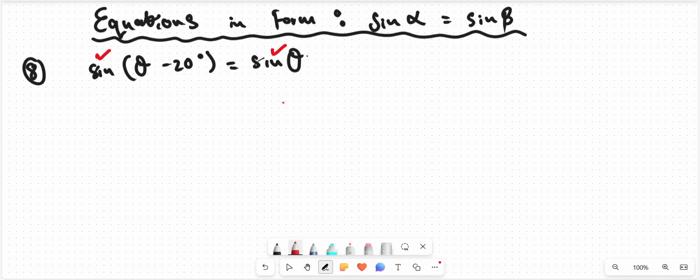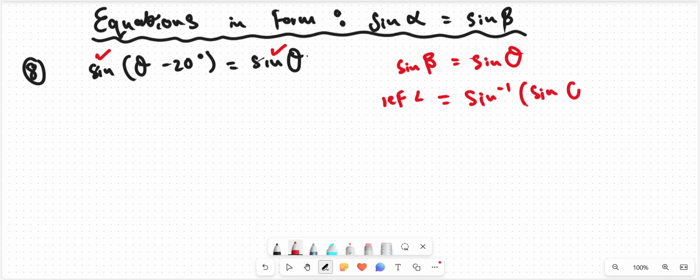So instead, we don't use identities this time. What we should use is our understanding of what it means to take an inverse sin on the other side. Let's say I have a sine already on one side, say sine beta and this is sine theta. If I'm trying to find the reference angle, then I'm taking an inverse sin of a sine that is already there.